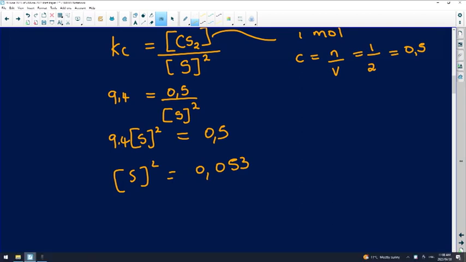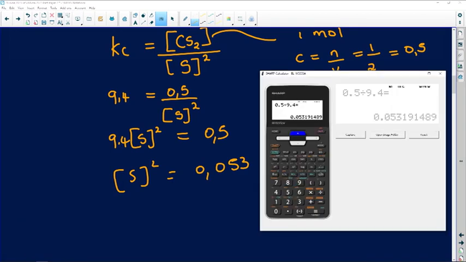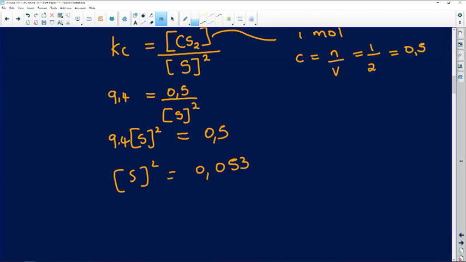So we're looking for the square root of 0,053. What do we then get here? We have 0,23. So the concentration of sulfur, that's what we're looking for, is 0,23 mole per cubic decimeter. Okay, that's how you're supposed to get your answer.